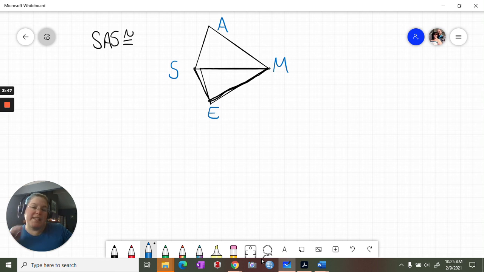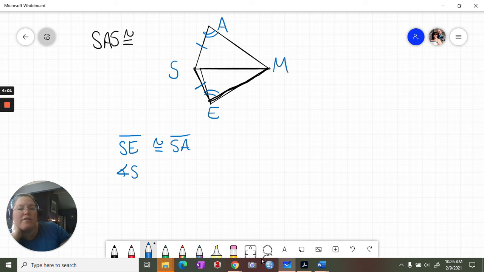So if I have side-angle-side, I'm going to have something like SE is congruent to SA. I'm going to have angle A and angle E, or angle SAM, congruent to angle SEM, and then EM congruent to AM.